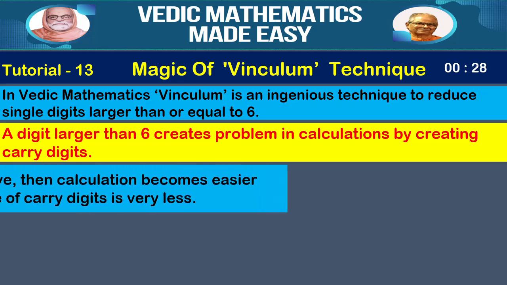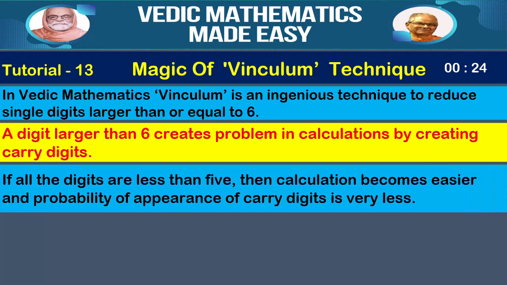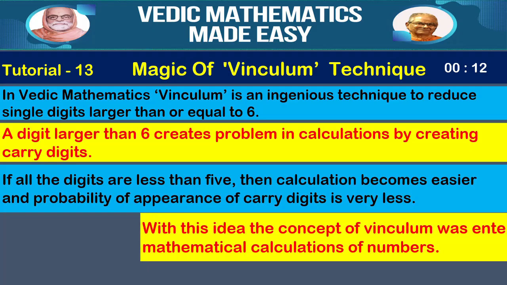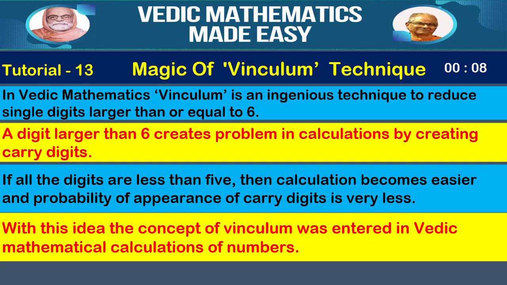If all digits are less than 5, then calculation becomes easier and the probability of appearance of carry digits is very less. With this idea, the concept of Vinculum was entered in Vedic mathematical calculations of numbers.